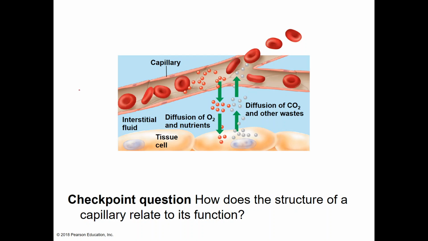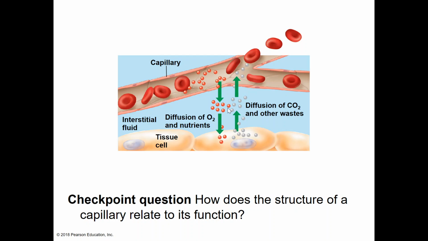Okay, so this image just illustrates the route that molecules take in diffusing from blood and capillary tissues into the cells. The cells are immersed in this interstitial fluid. These are the tissue cells at the bottom here. And molecules like oxygen and nutrients, the oxygen is the little gas bubbles in white, and the nutrients are in red, diffuse out of the capillary into the interstitial fluid, and then from the fluid into the tissue cell.